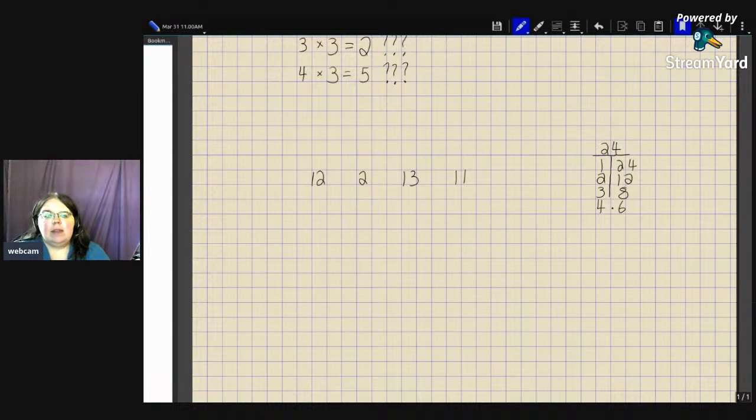Let's see what we can do here. So it seems to me we can get 24 twice pretty easily here, because 13 plus 11 would be 24. And 12 times 2 would be 24. The challenge is going to be getting them all in something that runs up to 24.